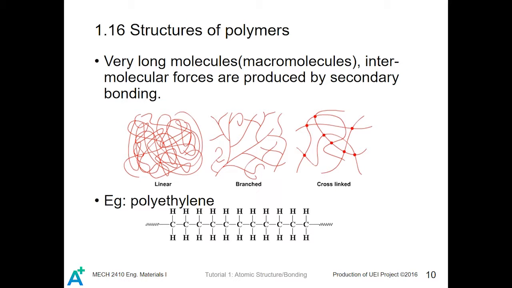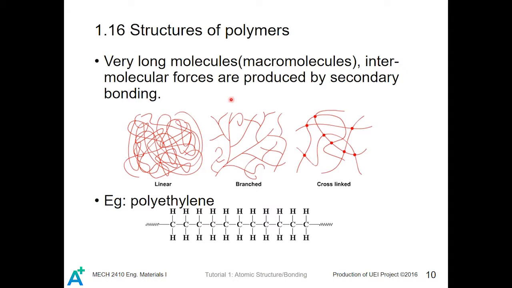In terms of polymers, they consist of very long molecules, which we call macromolecules, and the intermolecular forces are produced by secondary bondings. There are several different kinds of arrangements of these very long molecules, for example, linear, branched, or cross-linked.